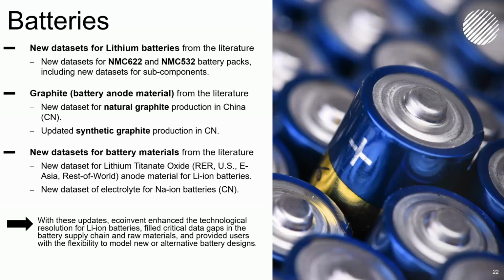In the anode materials category, we've expanded our coverage of graphite production in China, incorporating new datasets for natural graphite and updating the synthetic graphite manufacturing processes with data provided by Tokai Cobex. This update provides a more accurate representation of the battery supply chain in one of the world's largest production regions.